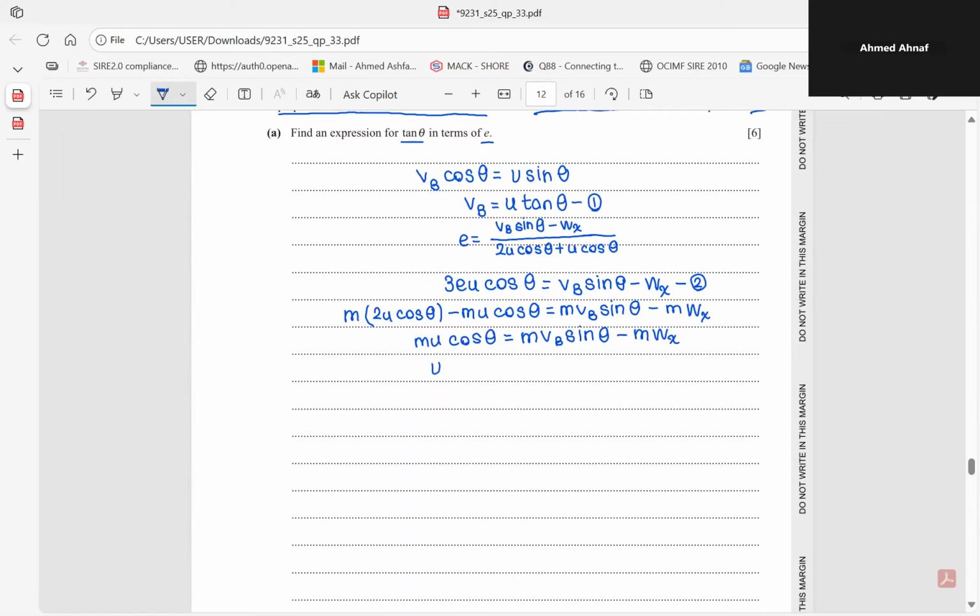Now we can cancel out the m, you get u cosine theta equals VB sine theta minus WX.